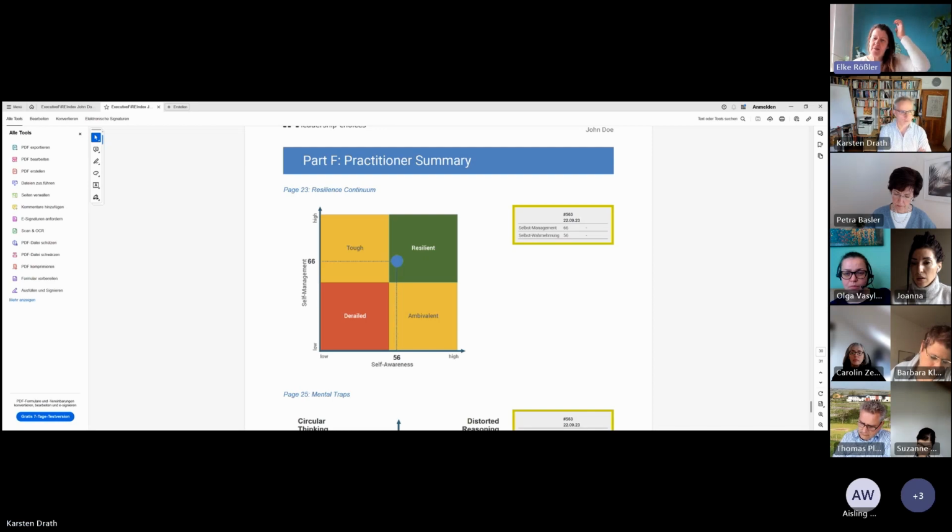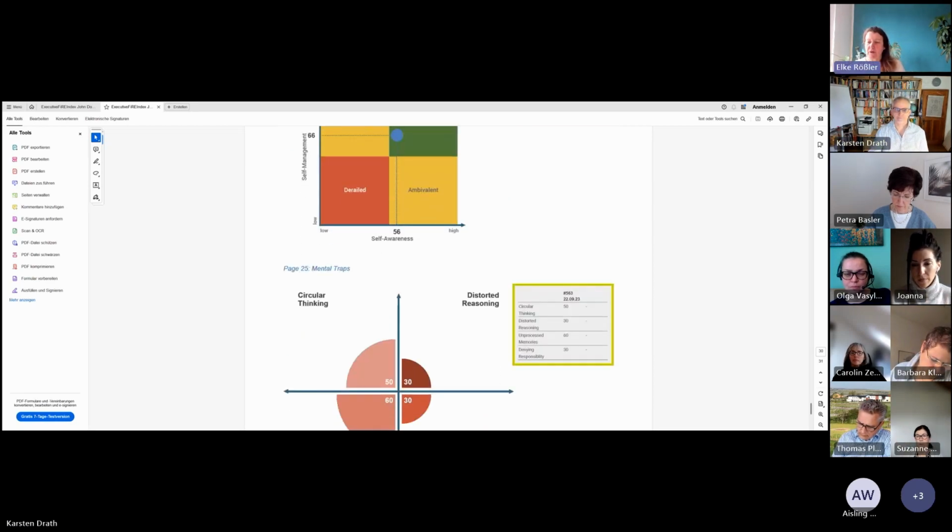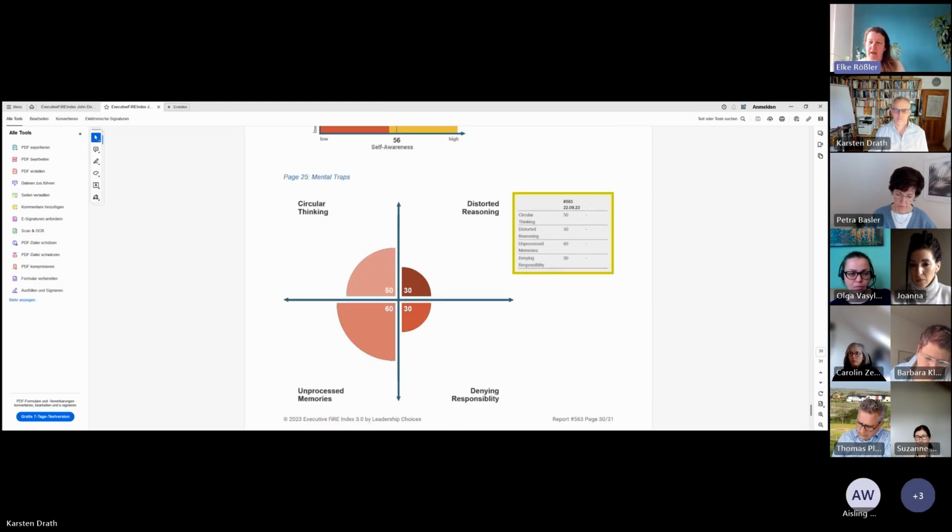Karsten, I have a question as well on the mental traps. Yes. If it comes to low denying responsibility, can it also be seen in taking over too much responsibility? Okay. Let me go through the items real quick. The items that create this say something like, when things go wrong, I complain, or stuff like that.